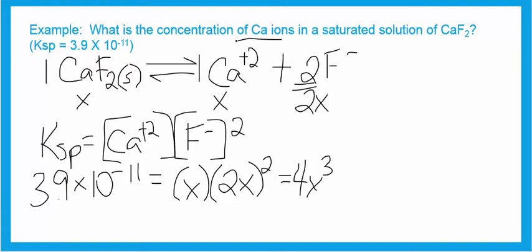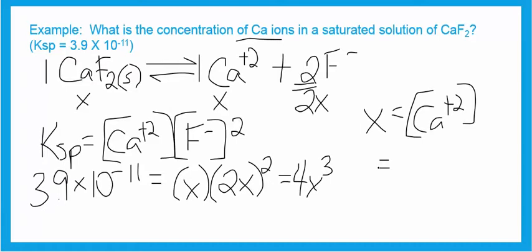So I'm going to take 3.9 times 10 to the negative 11th, divide by 4, and then take the cube root of that number. So make sure you can find that cube root function on your calculator, and you will get calcium ion concentration equal to 2.1 times 10 to the negative 4th molar.